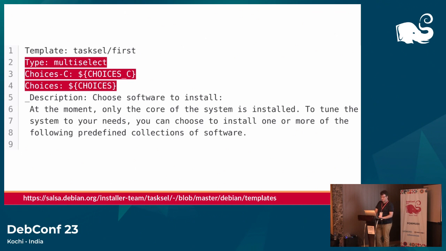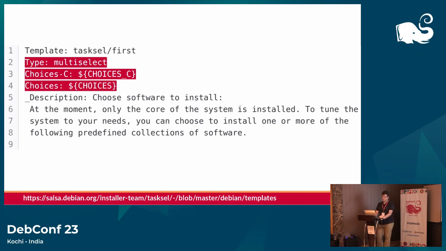There is this multiselect thing. I couldn't find an example that lists everything explicitly, so this has some variable in the choices field and choices-c. The difference between the two is the locale and the translation stuff.